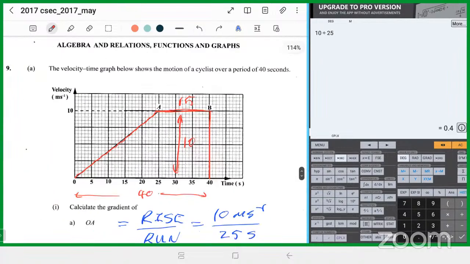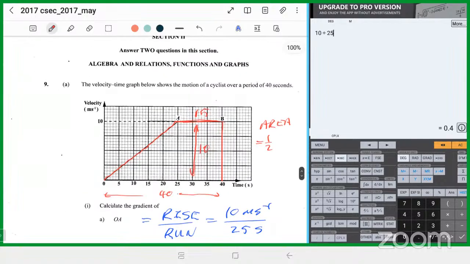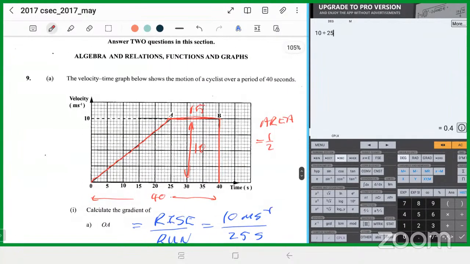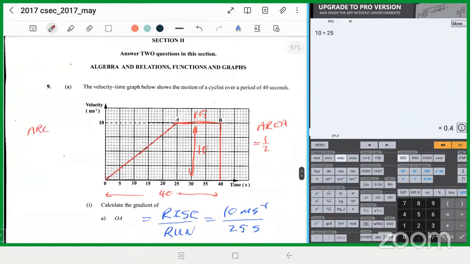So that area, which is the distance traveled, becomes equal to half the sum of the parallel sides, half the 15 plus the 40, times the distance between the parallel sides, which is 10.